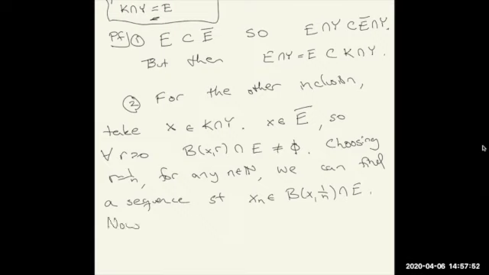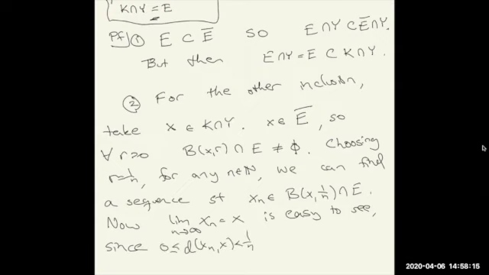Now, limit as n goes to infinity of x_n is equal to x is easy to see, since the distance from x_n to x is at most 1 over n and is bigger than or equal to 0.